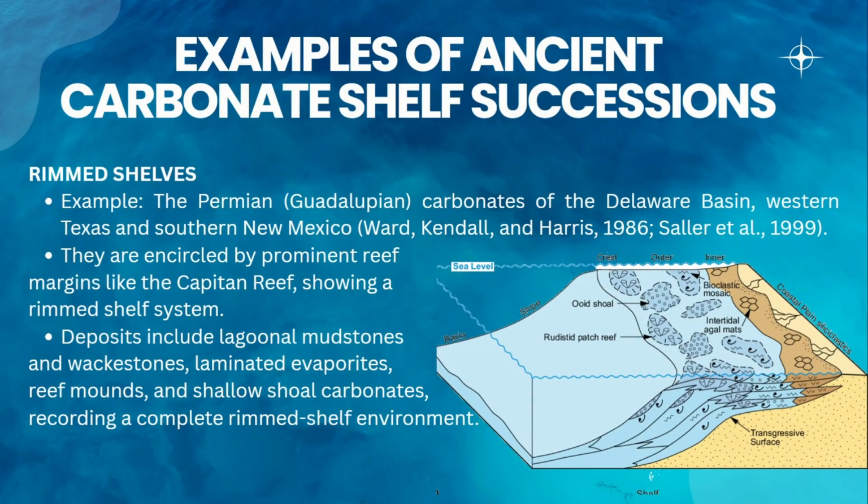Another example of ancient carbonate shelf succession is rimmed shelves. Rimmed shelves are shallow carbonate platforms marked by a prominent reef margin that protects the inner shelf. A classic example is the Permian carbonates of the Delaware Basin in Texas and New Mexico.